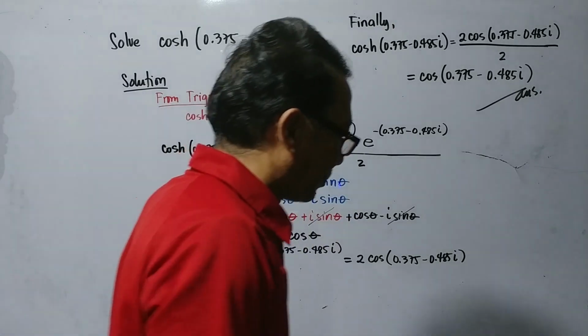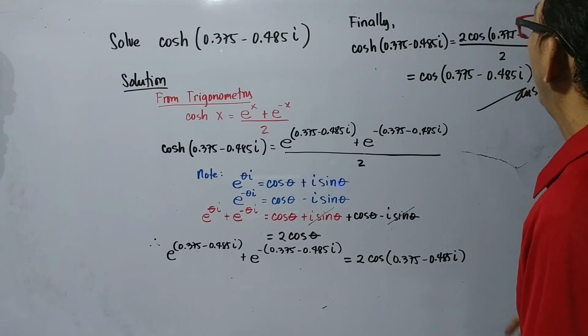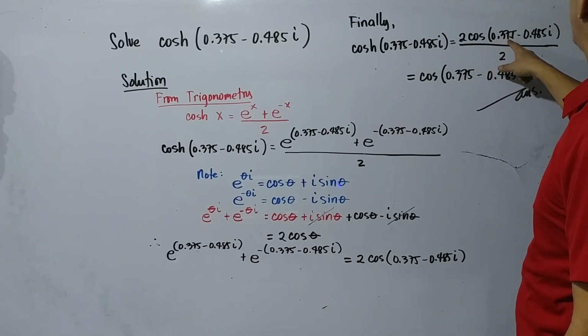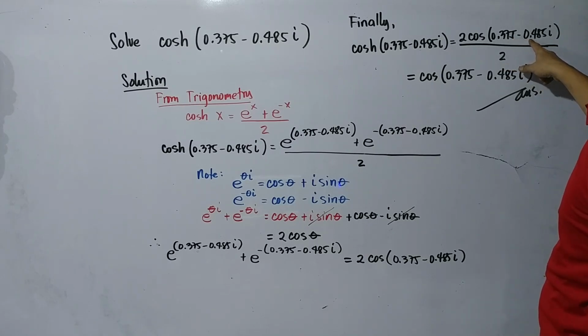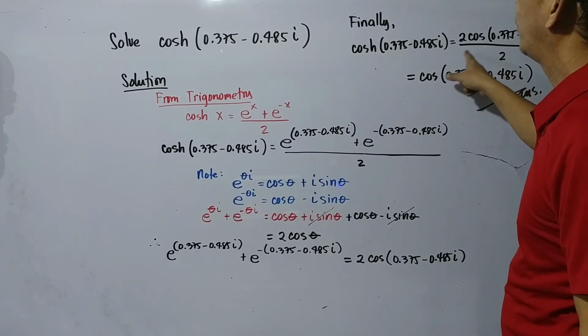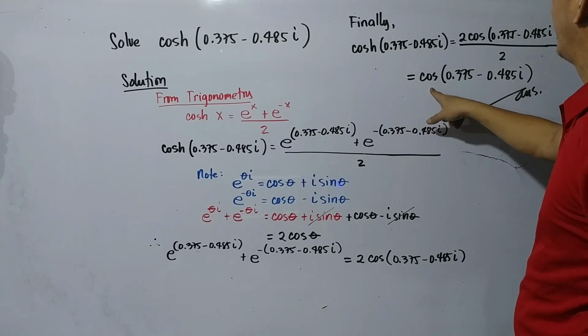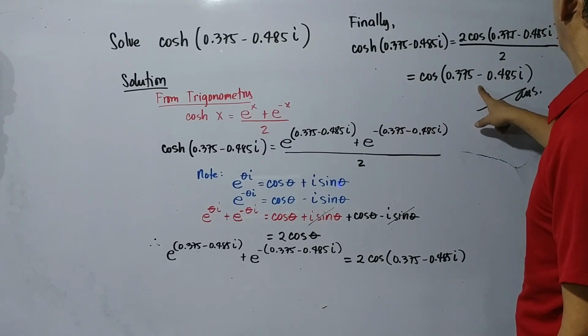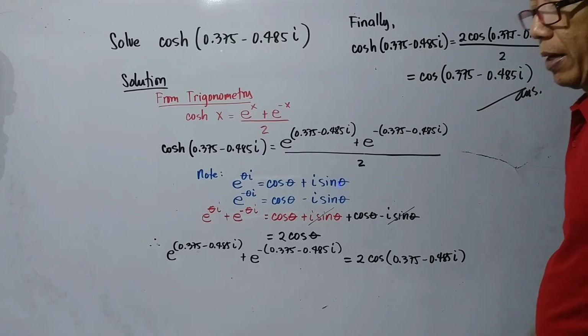Okay? So finally now, you have 2 cosine. Your theta now is 0.375 minus 0.485i all over 2. So we have now your final answer: cosine of 0.375 minus 0.485i.